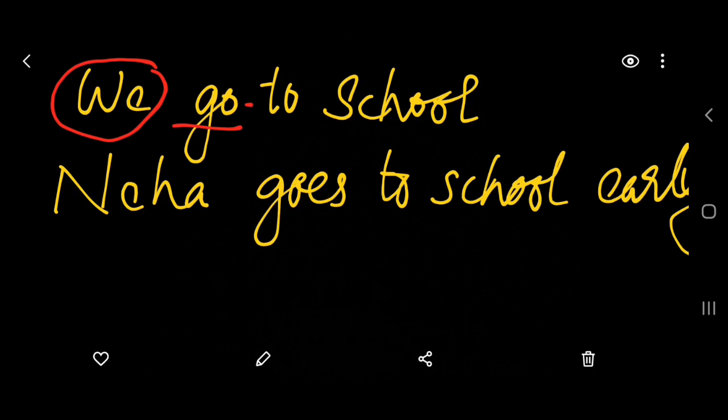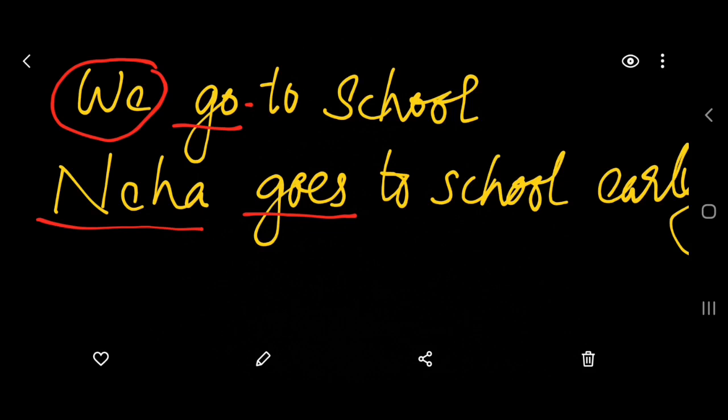Right? Now look at the next sentence. Neha goes to school early. Which is the verb in that sentence? Yes, goes, that is the verb. Who is doing that activity? Neha. Then you check whether Neha is singular or plural.